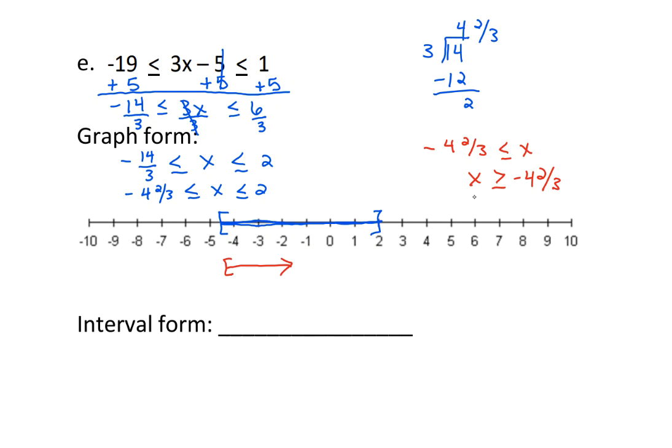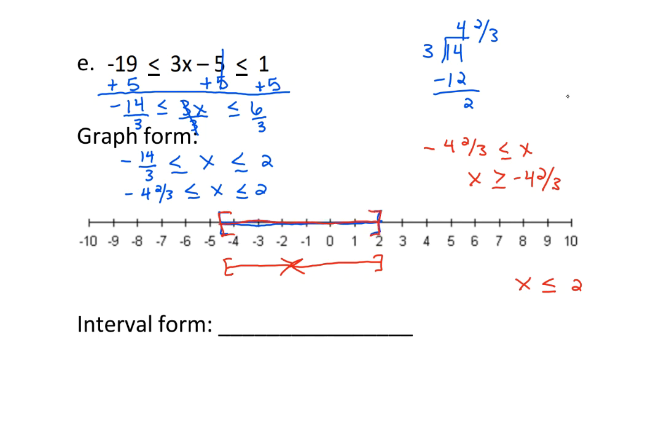So this is the same thing as this part of the compound inequality. Then the other part, x is less than or equal to 2, we would start at 2 and go to the left. And so these two just connect. That's what we have on our line: negative 4 2/3, and it goes to 2.